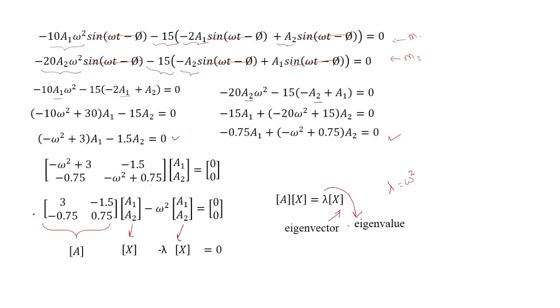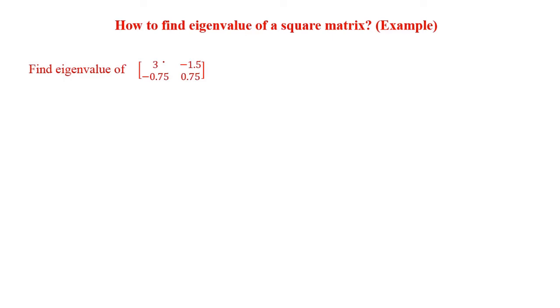So now let's try to calculate the eigenvalue of this particular matrix, that is matrix A. This is the matrix A, and we are interested in calculating lambda, the eigenvalue of this matrix. In order to calculate it, we will use this equation: the determinant of matrix A minus lambda times I is equal to 0, where I is a 2 by 2 unit matrix.